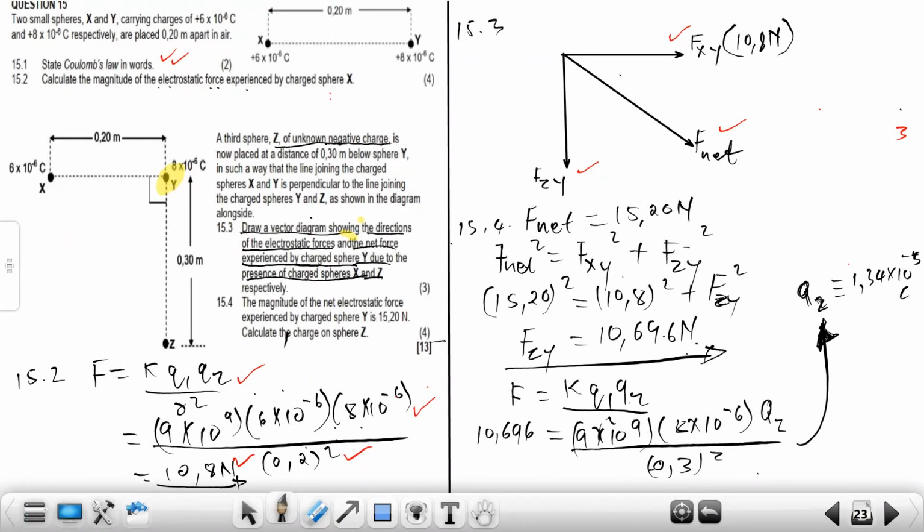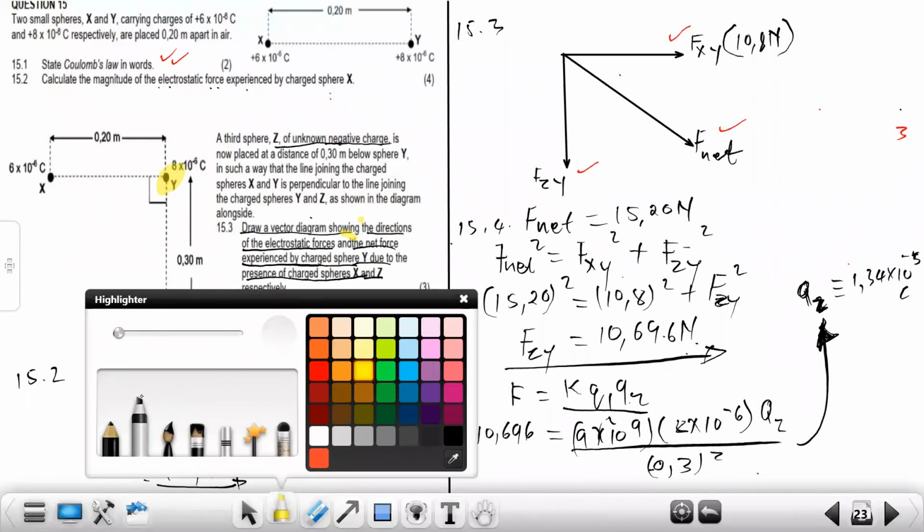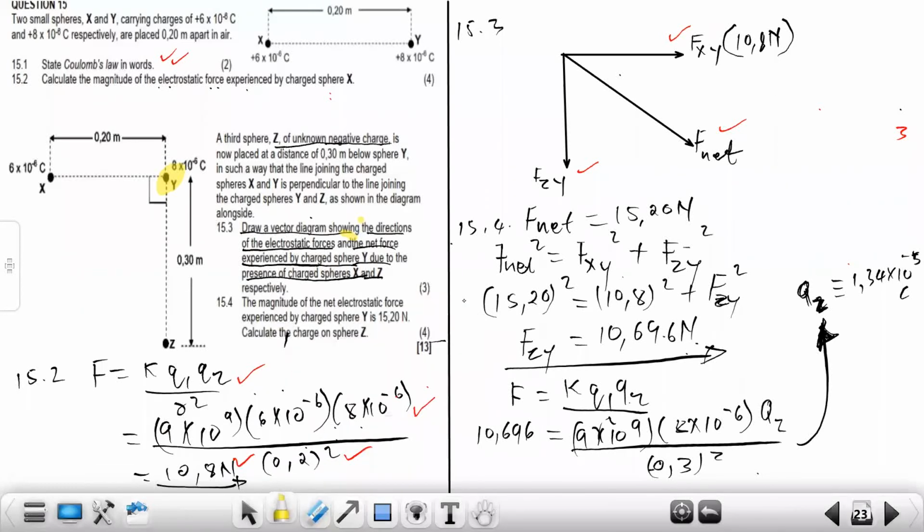But the answer that I got here, QZ is equal to 1.34 multiplied by 10 to the negative 5 coulombs. So that is the answer I got. Kindly check me on that and verify my calculations as well.